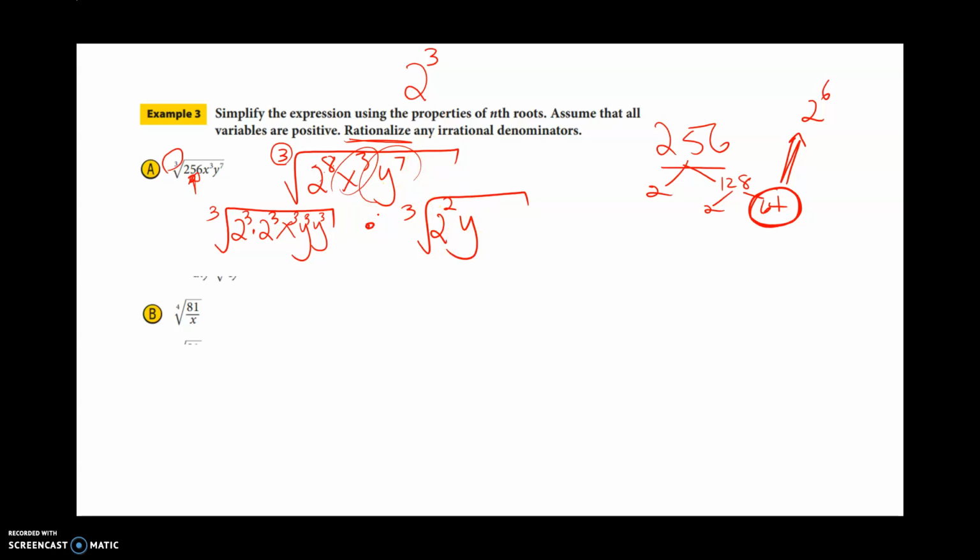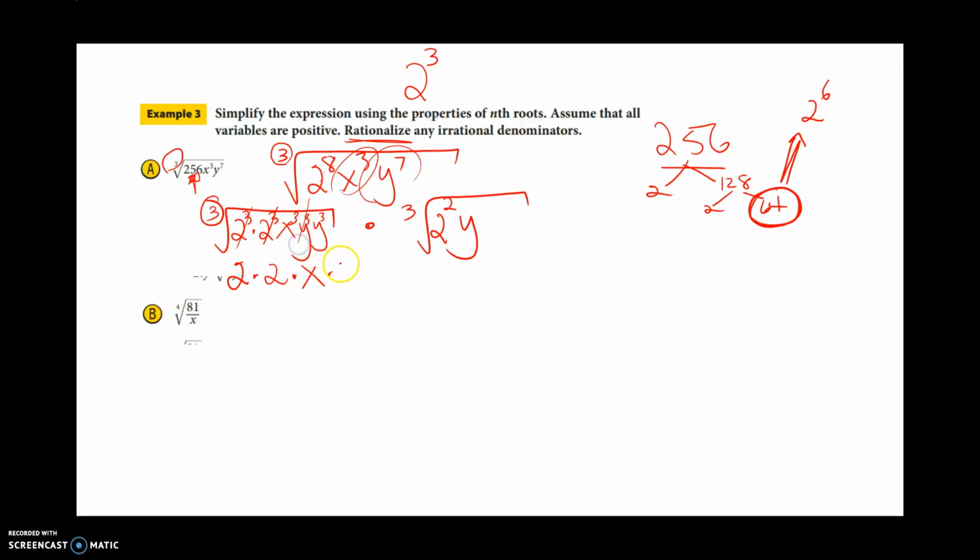So I can rewrite this. I'm pulling out all the perfect cubes because I'm looking for cube roots. I'm separating them out because it helps me see how to simplify. The cube root of 2 to the 3rd is 2, again 2. The cube root of x to the 3rd is x.